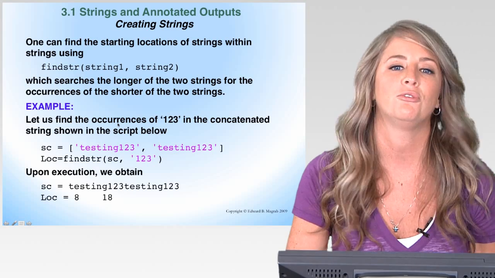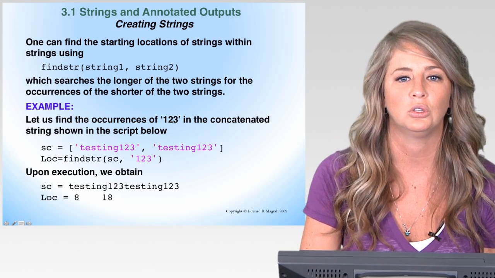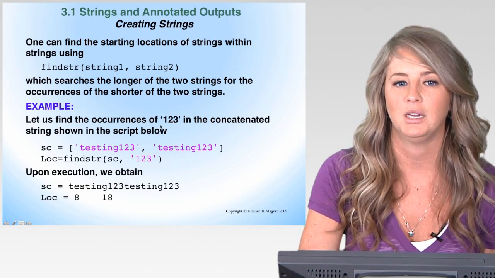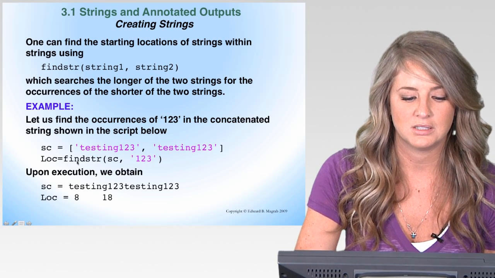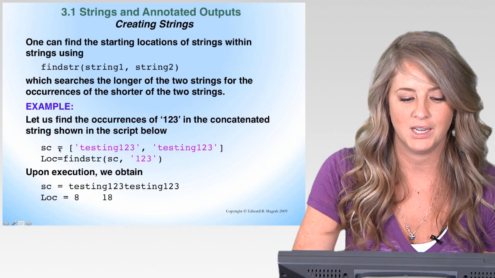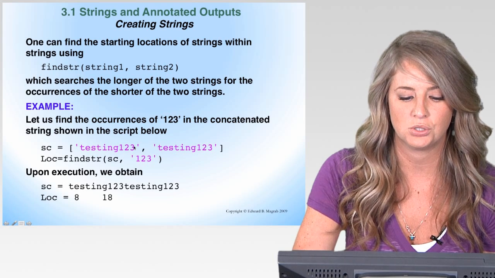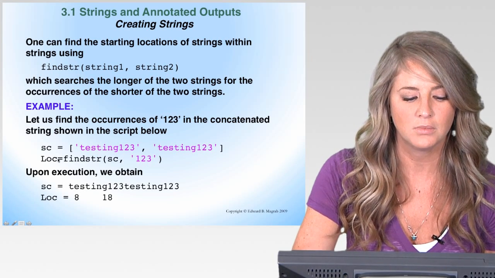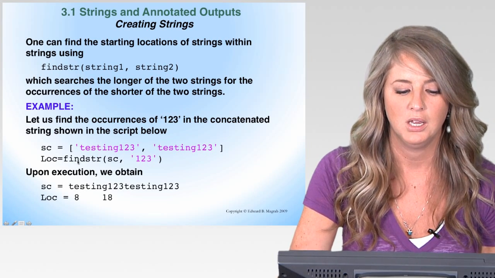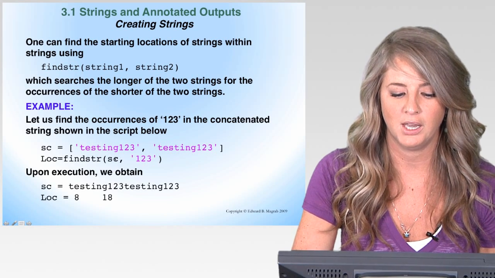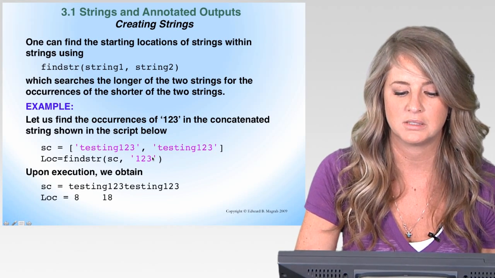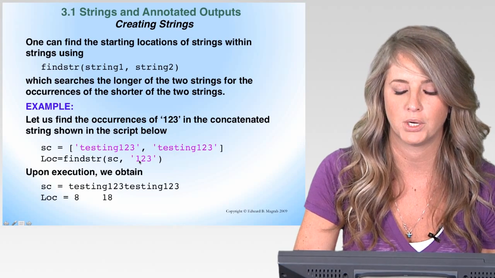Let's say that we want to find the occurrence of 1, 2, 3 in that concatenated string that we just did previously. So we defined SC as our concatenated string. And then the location is equal to findstr of our variable for our concatenated string, and then what it is specifically out of that string that we're looking for.